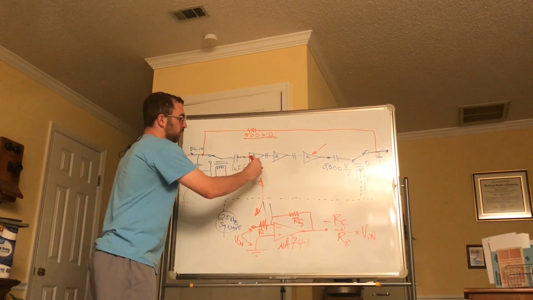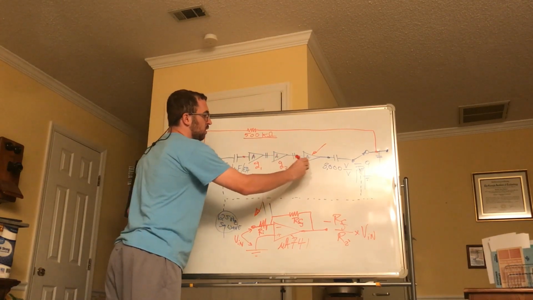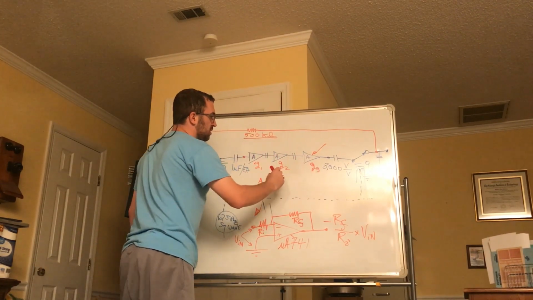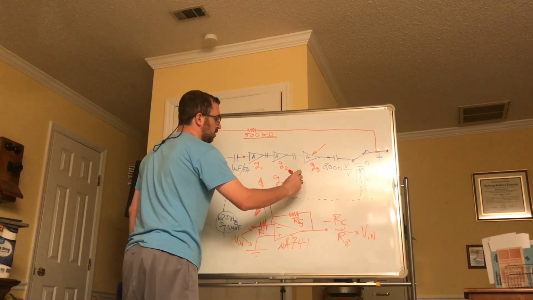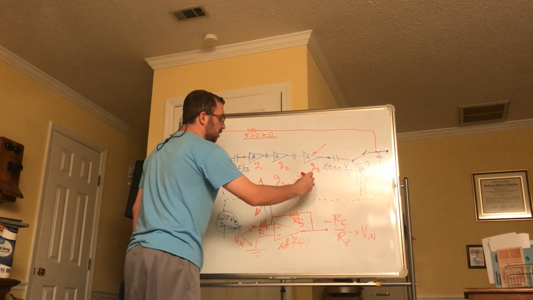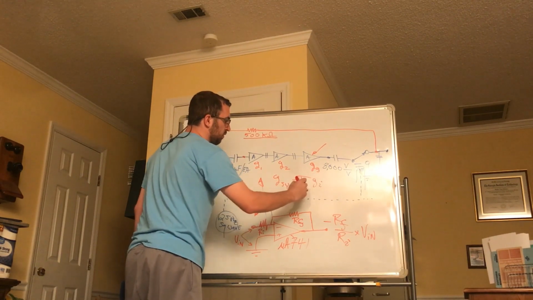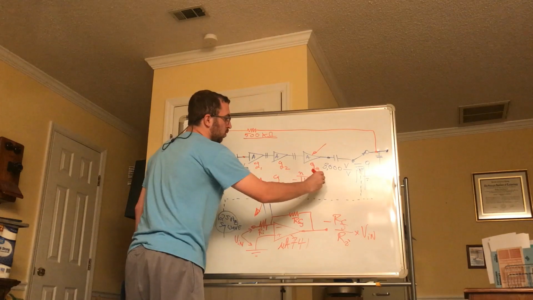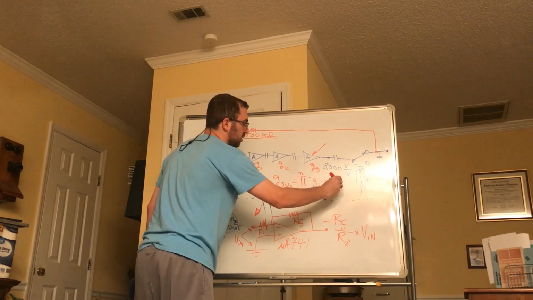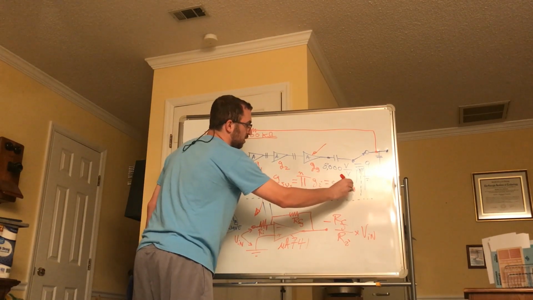So the general rule is if you have gain 1, gain 2, and gain 3 voltage gains, the gain of the system would be the product of all the gains from i equals 0 to n, or G1, G2, G3 here.